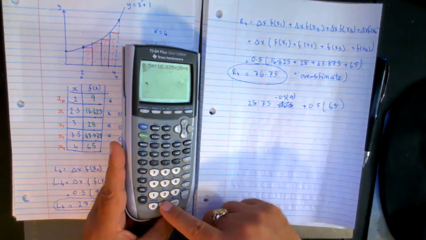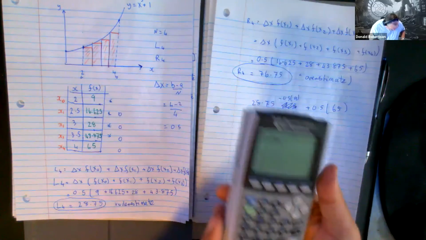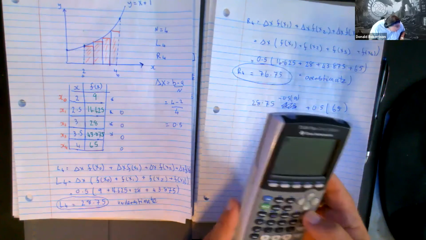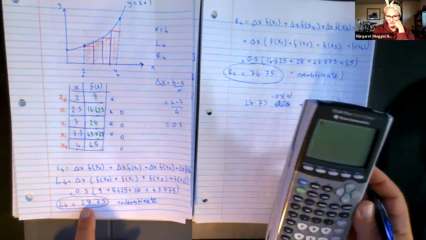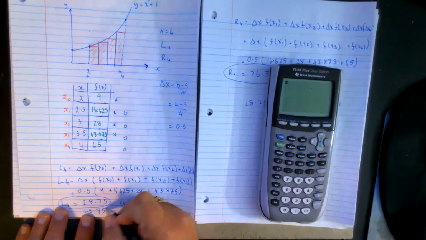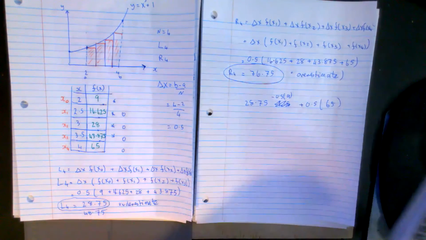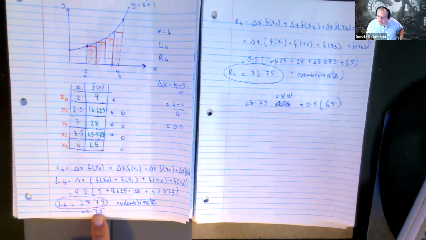I think you calculated the L4 wrong. Oh, this one wrong? Okay. What is L4? 48.75. Yes, 48.75, correct?